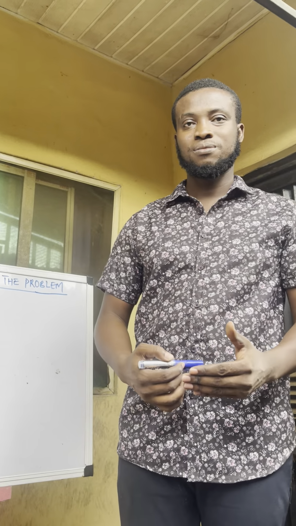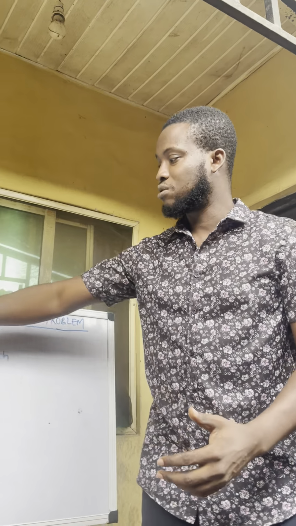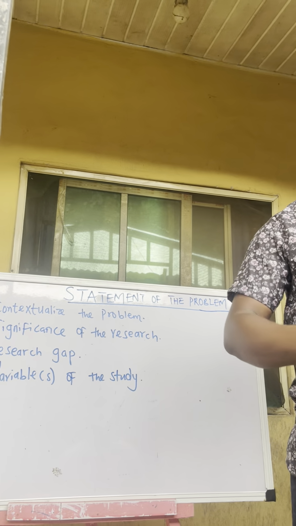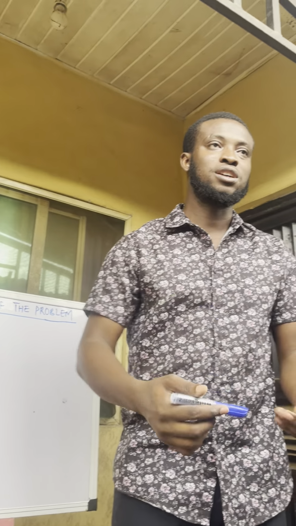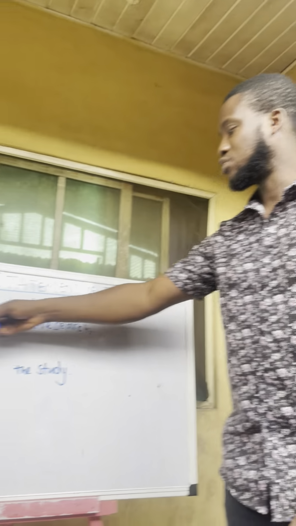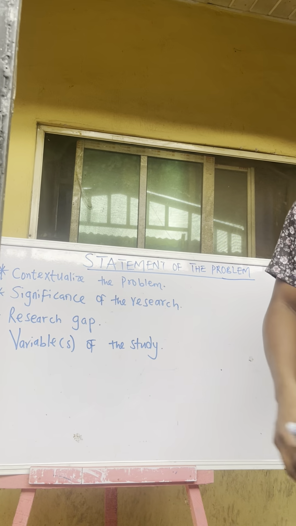Why are we carrying out this study? So you consider it so that people will see from a general view the problem you are trying to work on. And this conceptualization can also contain a brief literature or a brief citation of somebody to say, okay, based on what this person has said, this is a problem you want to work on. That is what we call conceptualizing the problem in the statement of the problem.